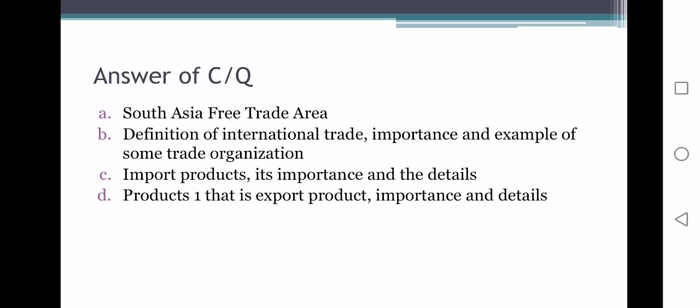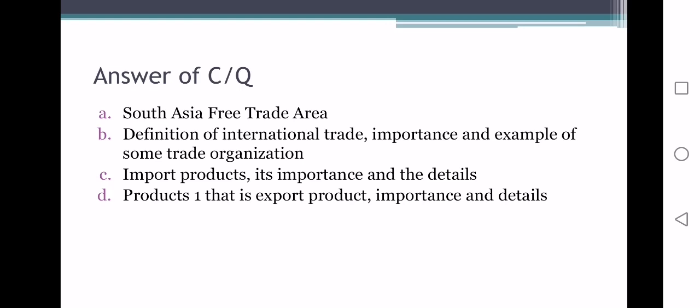Then the third question was asking what kind of products are in product 2. Here you have already seen there were rice, crude petroleum, oilseeds and so on. These products are the import products that Bangladesh imports on a regular basis every year.